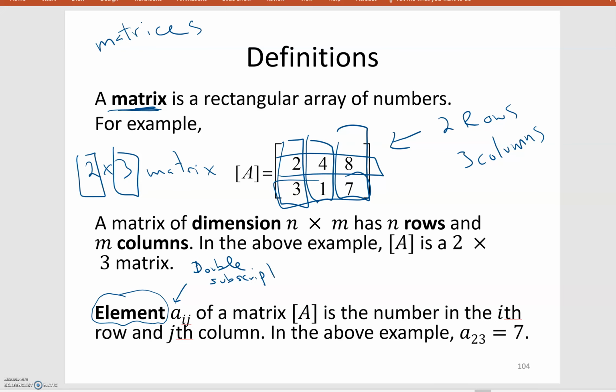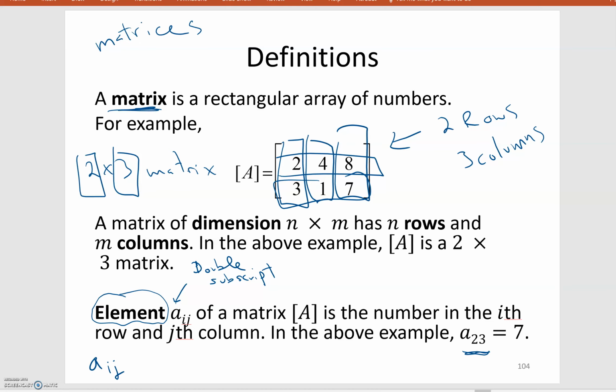And so the double subscript, A, i, j, that means ith row, jth column. So as you can see right here, A23, that's not A23, it's A row 2 column 3. A is just a symbol for the element.